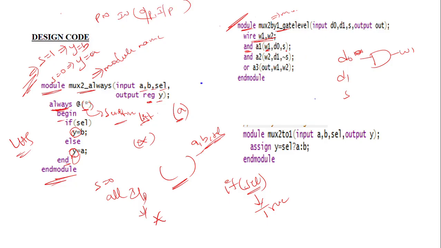What is our output for the AND gate? It is our W1, and D0 is an input and select line is our other input. For the second AND gate, the inputs are D1 and the NOT of select line, and the output will be W2. So the representation is like this.